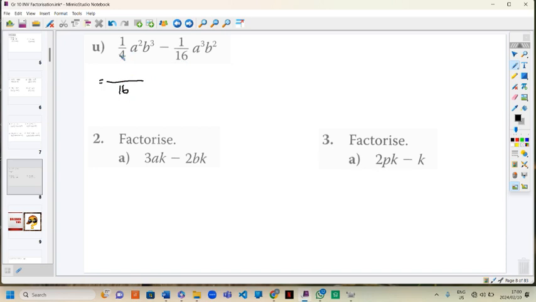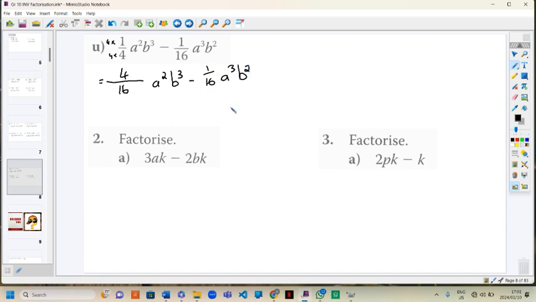I multiplied by 4. If I do it at the bottom, I need to do it at the top. And what is 4 times 1? 4. A squared B to the 3 minus 1 over 16 A to the 3 B squared.